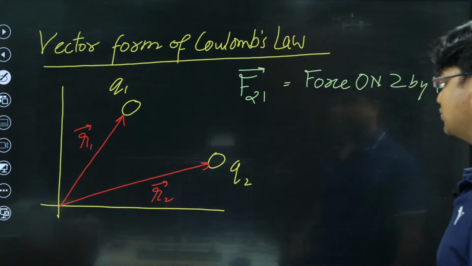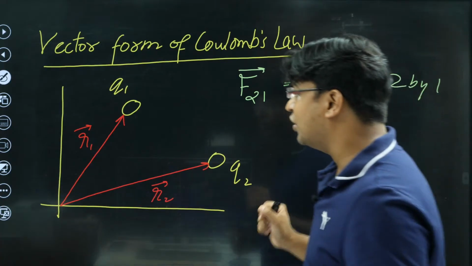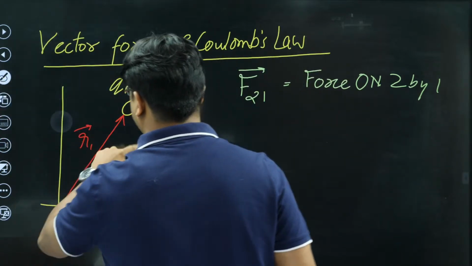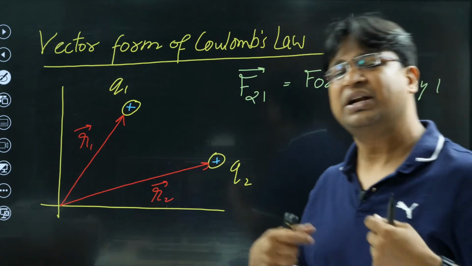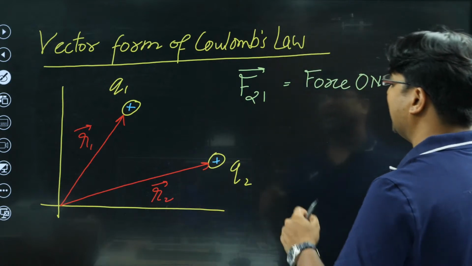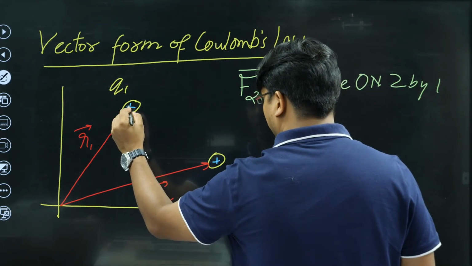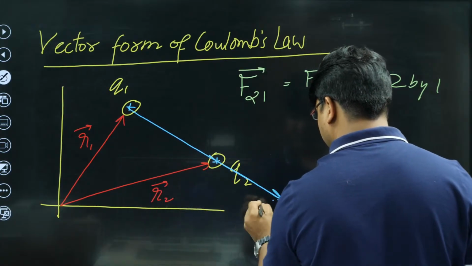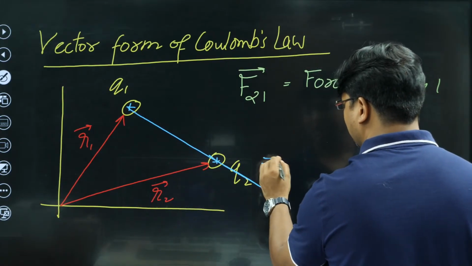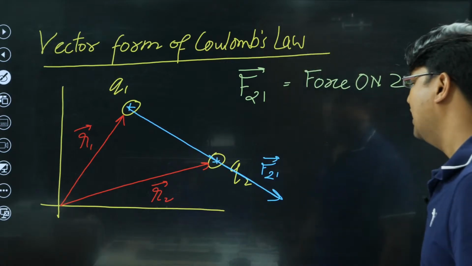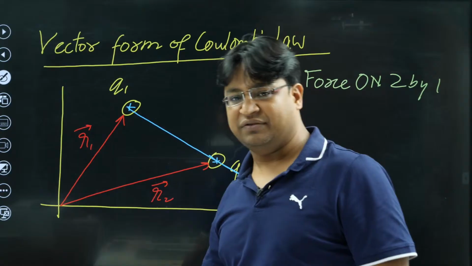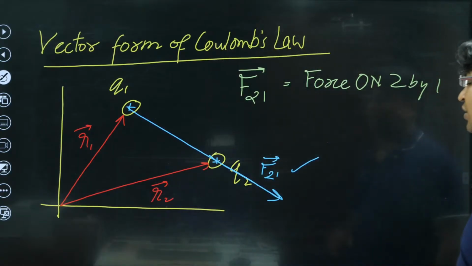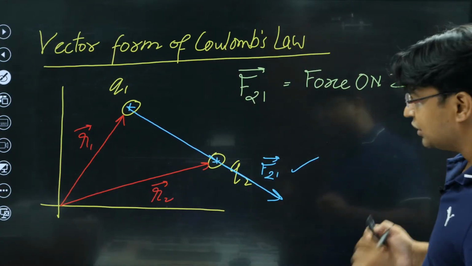F21 is force on 2. Now if I have to draw this force, assuming that both the particles are positive, it is not necessary that both are positive, but let's assume that. In that case, F21 would be drawn like this. It is the force on the second particle due to the first particle, and we want to write this force using the charges and the position vectors. Let's see how we can do that.